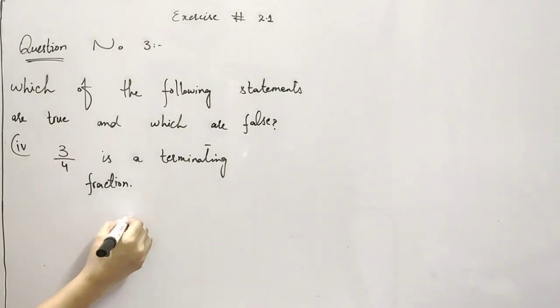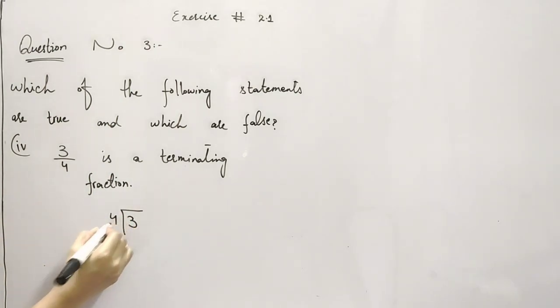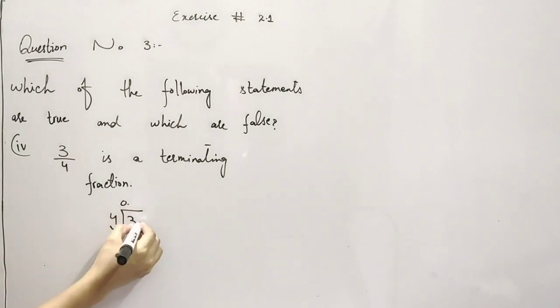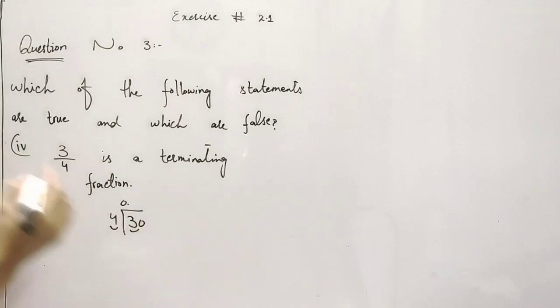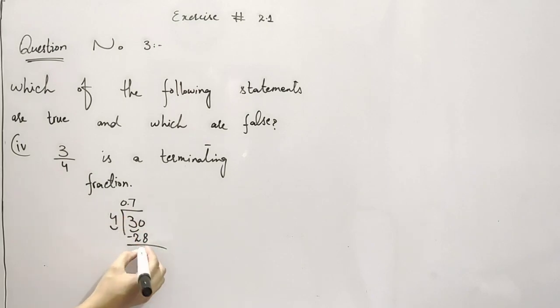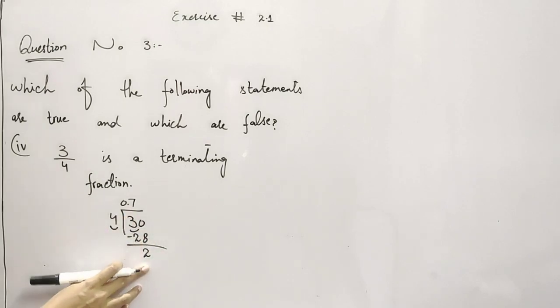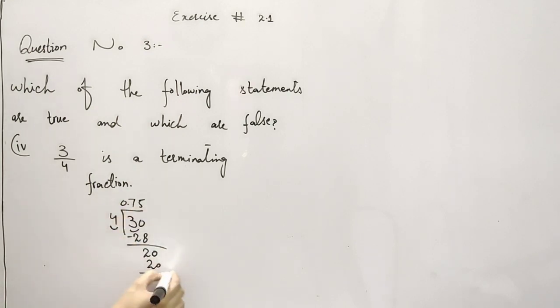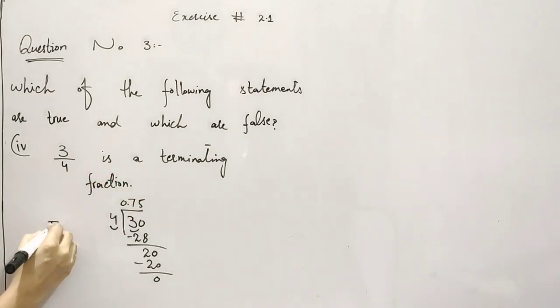Okay, put 3 under the division and 4 outside the division. 3 is less than 4, so put 0 point here and here comes 0, so 4 sevens are 28. 30 minus 28 is 2. 2 is also less than 4, so put 0 here, and 4 fives are 20. 20 minus 20 is 0, so it is equal to 0.75, and we can say that this is a terminating fraction, so the statement is true. So the fourth part is true.